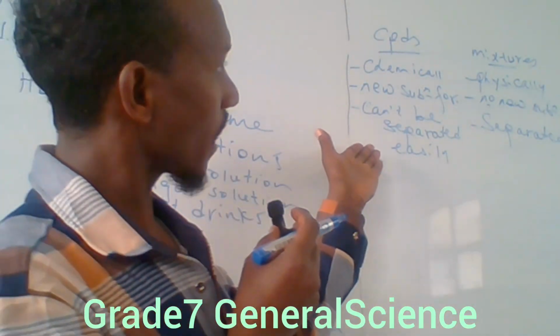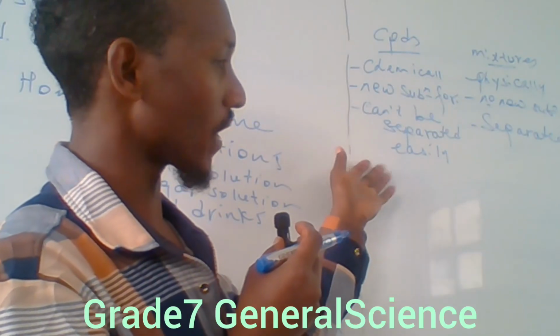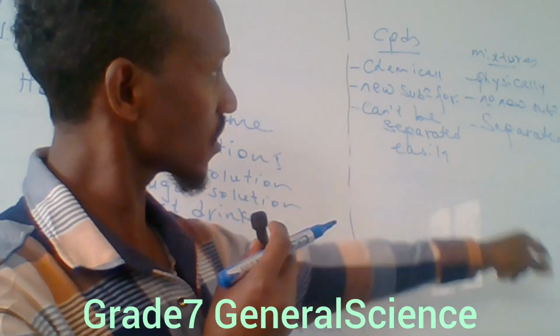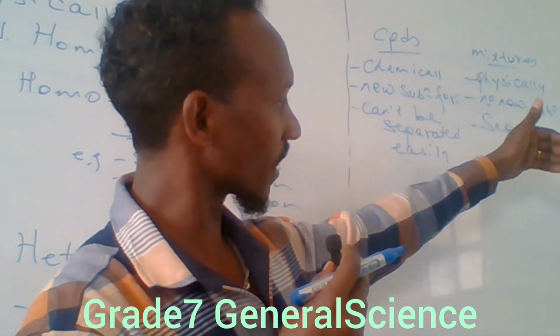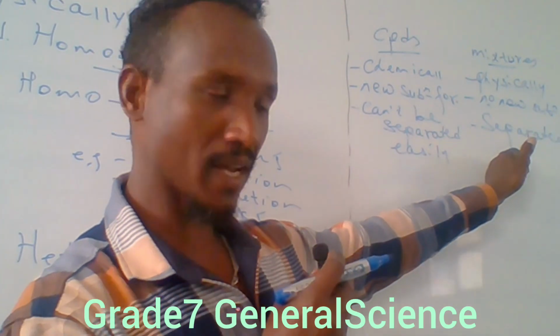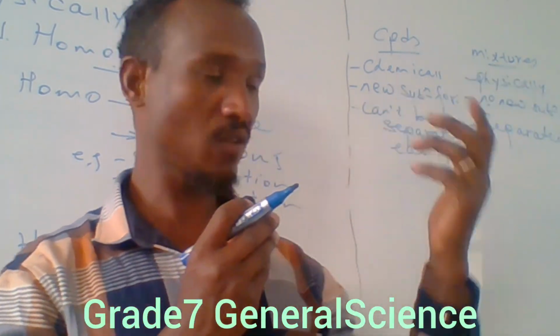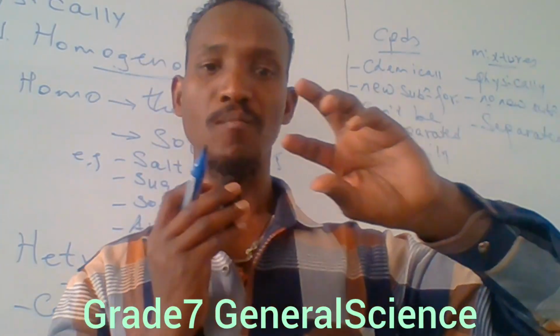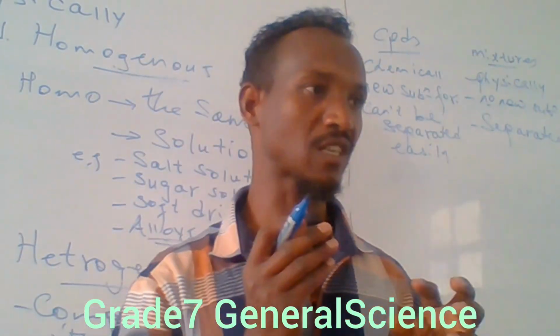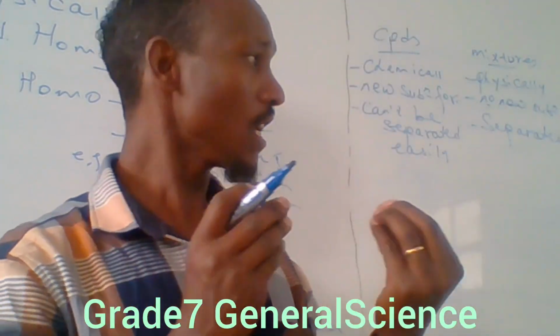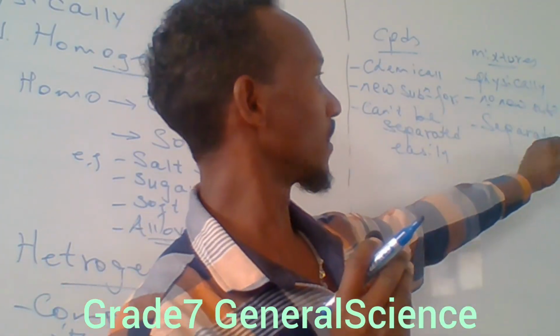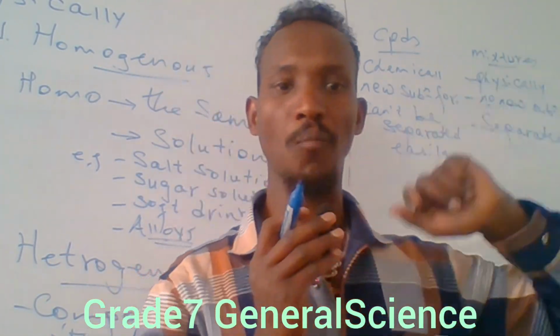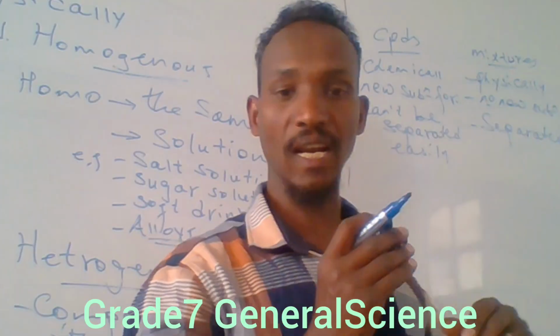Compounds can be separated into their components only by ordinary chemical reactions, whereas mixtures can be separated by physical means with simple and minor techniques, because a mixture is simply the physical mixing of two or more different substances. So we can separate different types of mixtures into their useful components by physical methods.